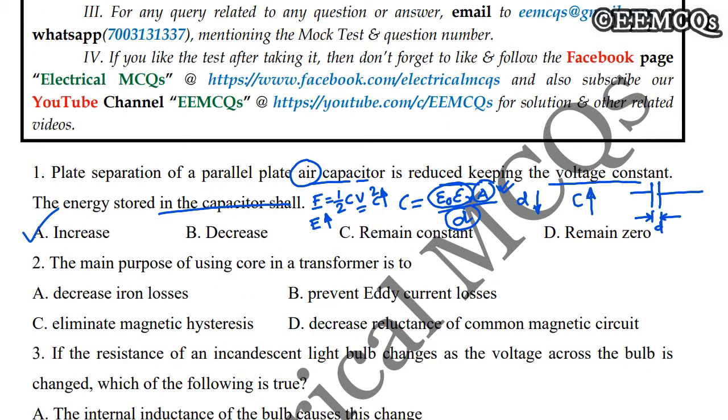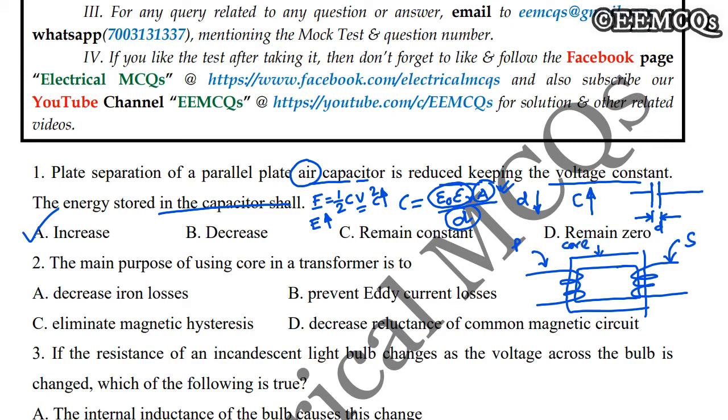The main purpose of using a core in a transformer is to decrease the iron loss, prevent eddy current losses, eliminate magnetic hysteresis, or decrease the reluctance of the common magnetic core. If this is your transformer core, taking a single phase transformer, this will be your primary winding, this will be your secondary winding, and this is the core.